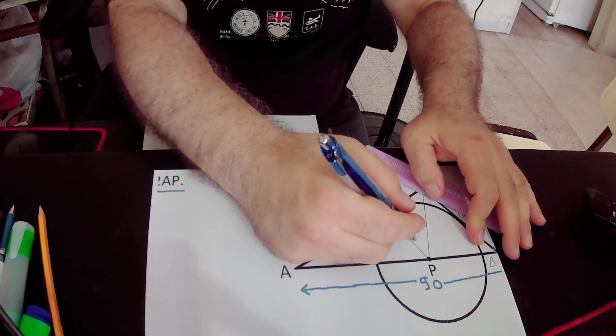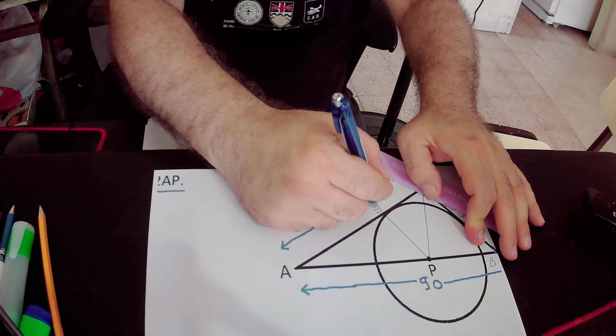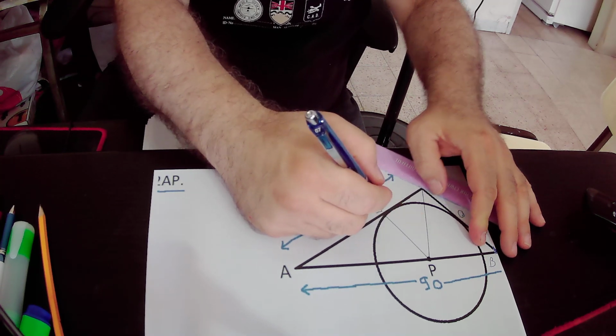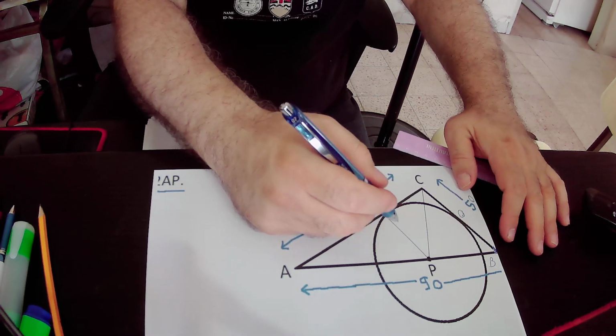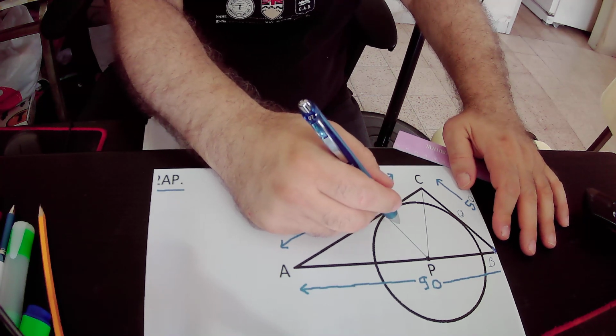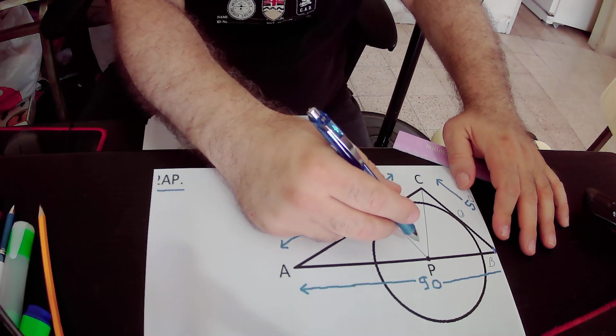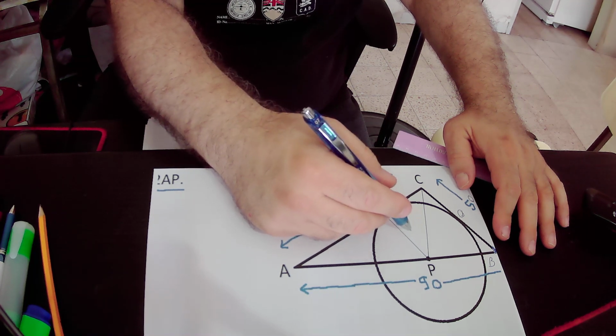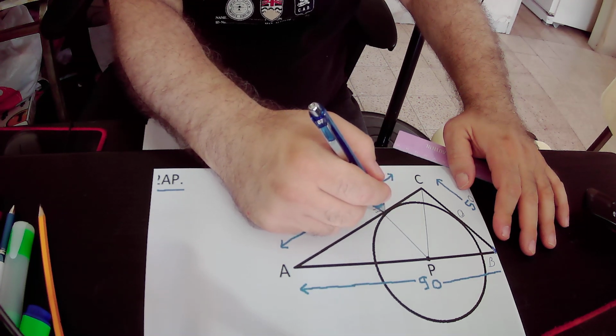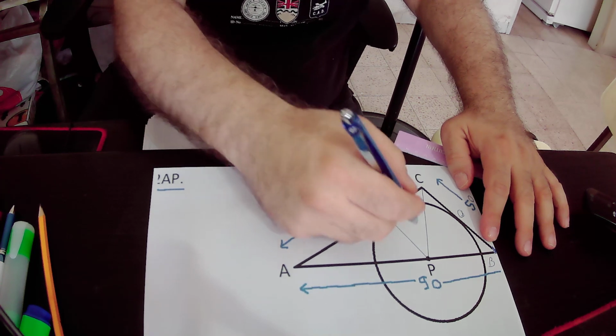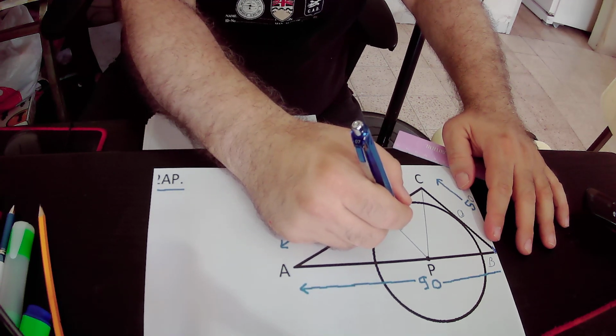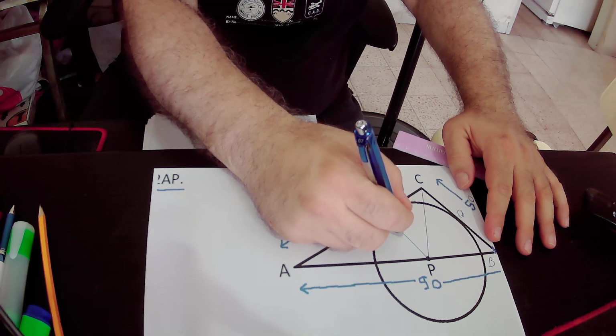As you can see from the picture, PE is the radius of the circle because the straight line exits from point P and touches the circle at point E. So it is defined as the radius of the circle. I will mark it as R.